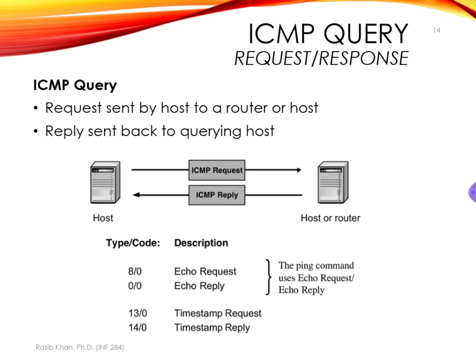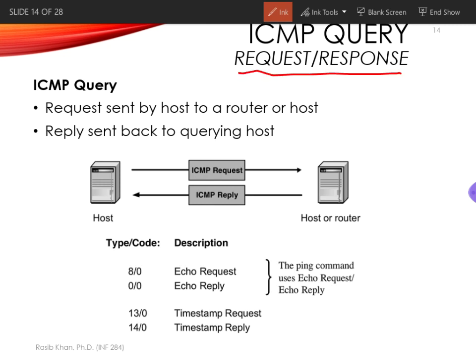So an ICMP query is the basic request-response message that exists in pretty much all other network protocols. An ICMP query starts off with a request that is sent by a host to another router or host, and in return a reply or response is sent back to the querying host.